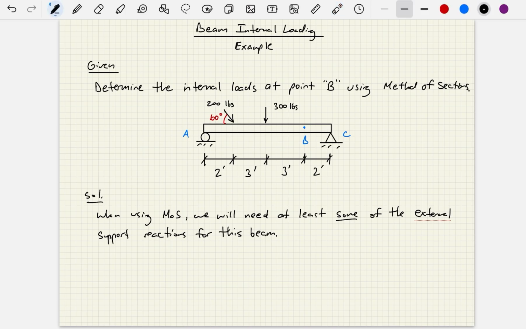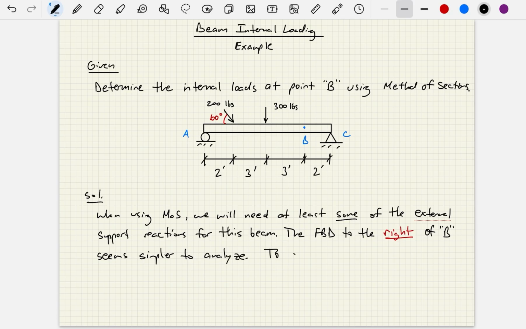I'm going to say that the free body diagram to the right of B seems simpler to analyze.